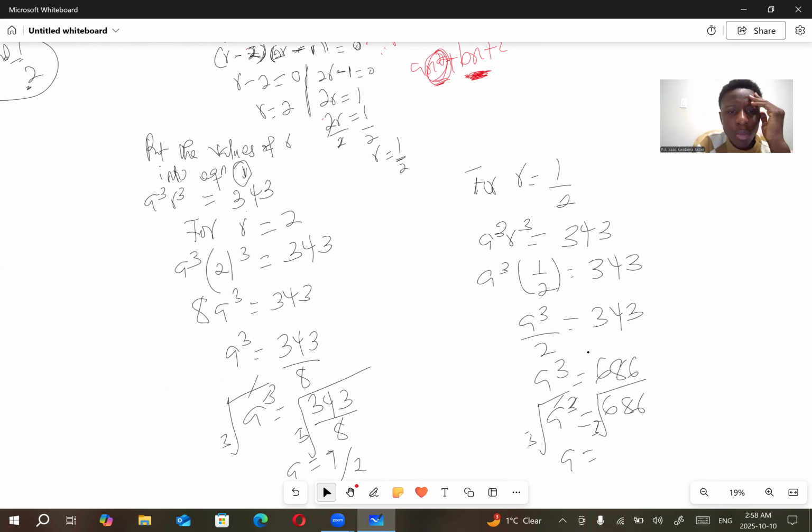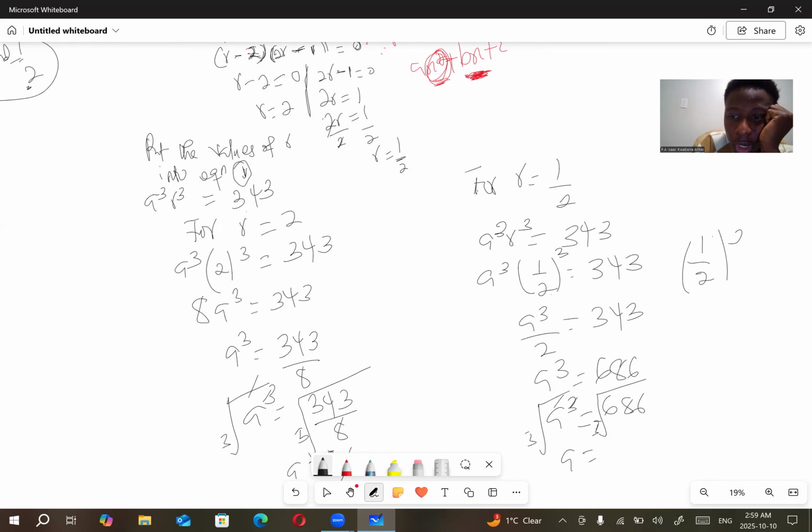I hope I didn't commit the same mistake here. Yeah, it's A cube R cube equals 343. So if you are saying R is 1 over 2, remember it's R cube. So that'll be 1 over 2, cubed.